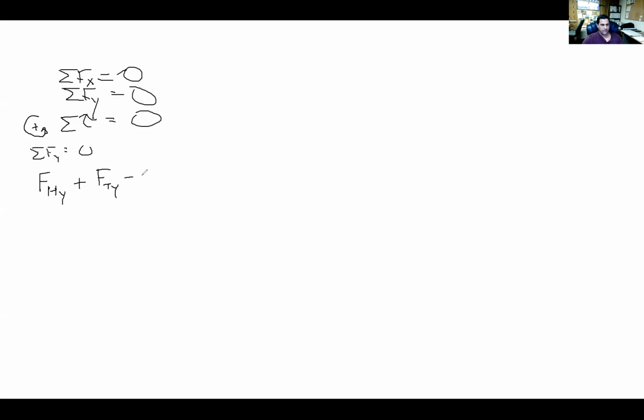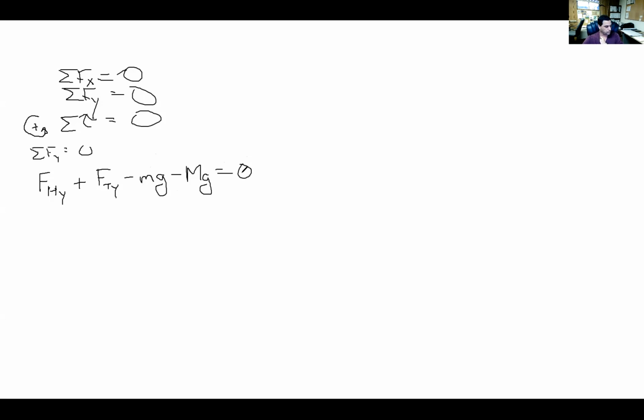We have the mass times gravity, and this first one, this lowercase m, is for the beam. And then we also have the mass times gravity for the sign, which is the larger uppercase M.